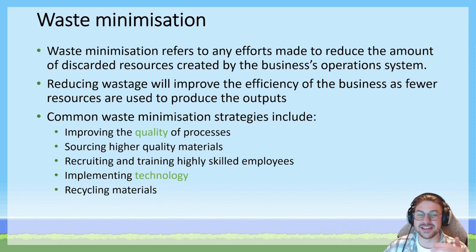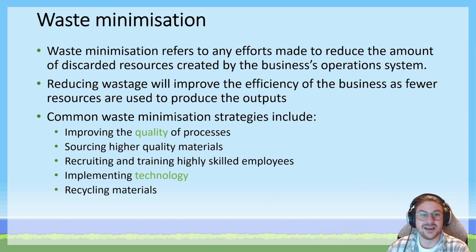Of course, if we want to link this to effectiveness, there are other objectives, other goals that waste minimization can achieve for operations management, including improving the quality of processes, helping source higher quality materials, certainly recruiting and training highly skilled employees is going to help minimize waste, and that's going to help achieve objectives with regards to the quality and capability of human resources.